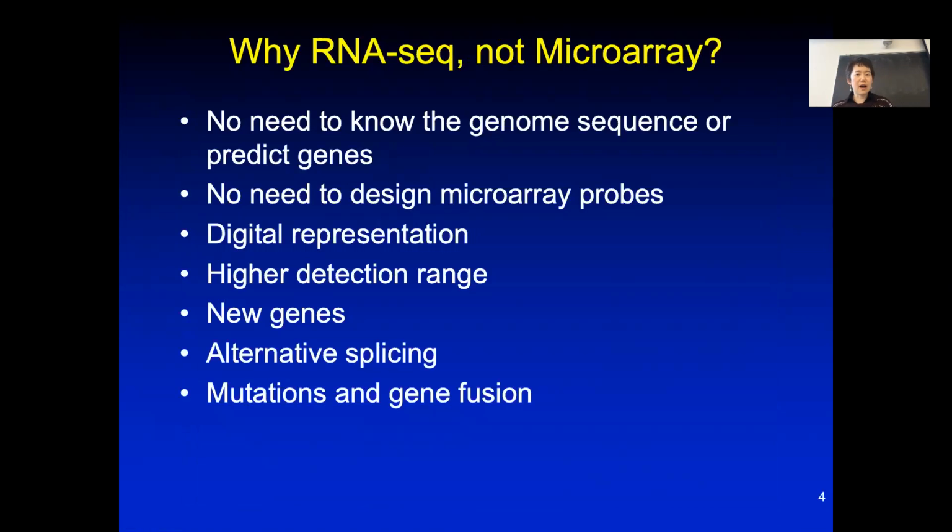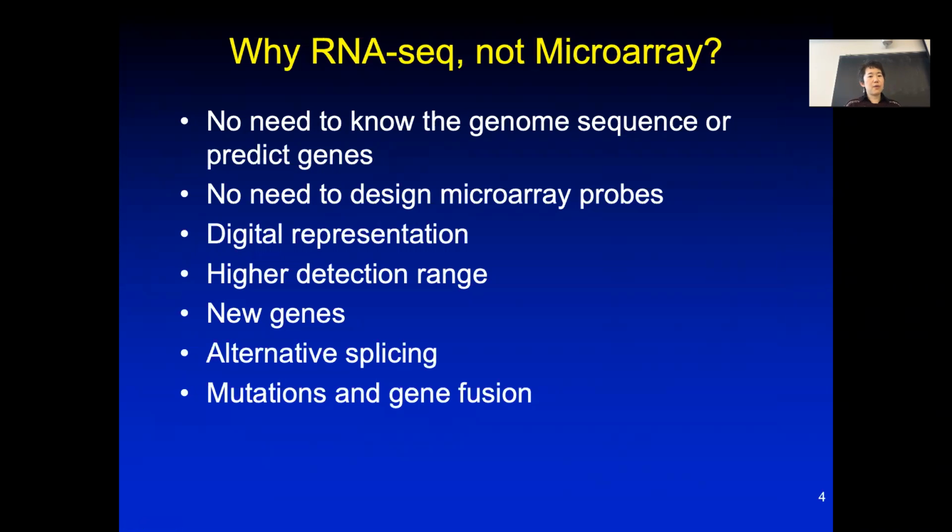Why do we bother doing RNA-seq, not microarrays? Well, actually, it has a lot of advantages now. First of all, we do not need to know the genome sequence or even predict genes. Remember, for microarray, in order to investigate some genome's RNA, you have to know the genome sequence, you need to know the gene predictions and design specific probes against it.